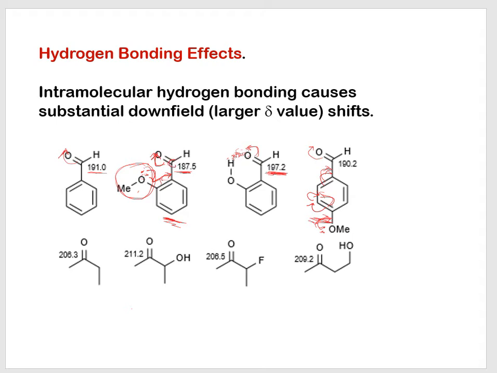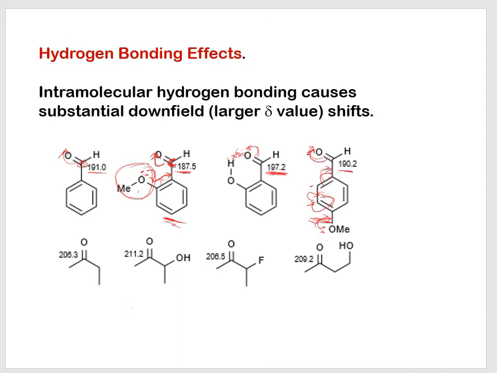So the carbonyl here has more electron density, as compared to here where there is no methoxy, but here it has traveled through this carbon, this carbon, this carbon, and finally it will be delocalized towards the carbonyl.